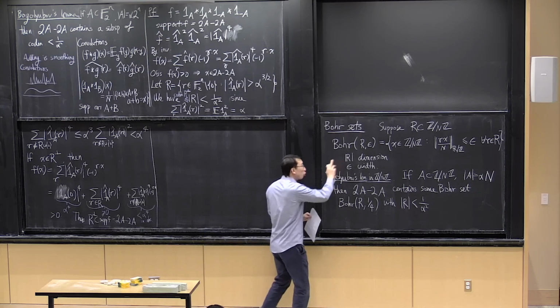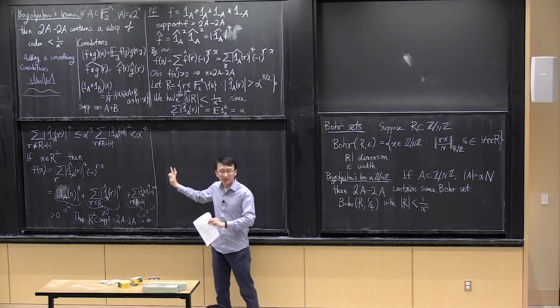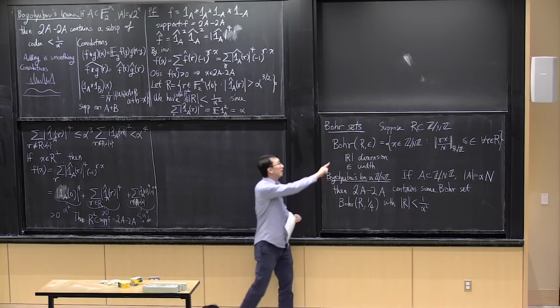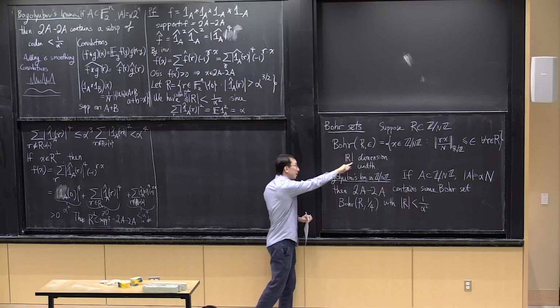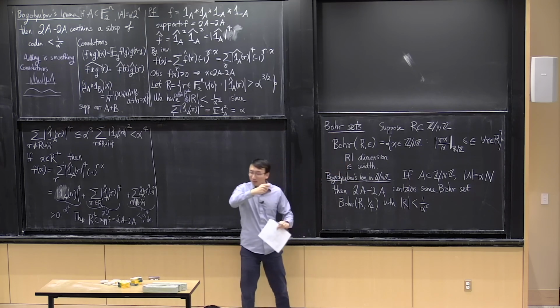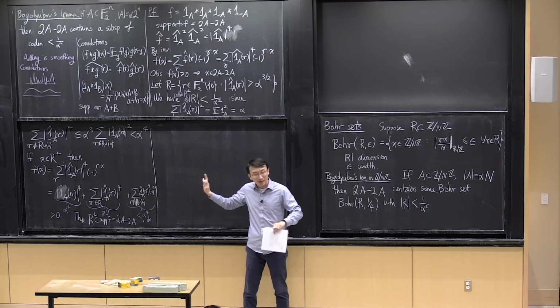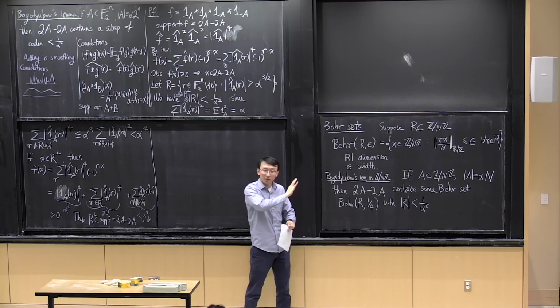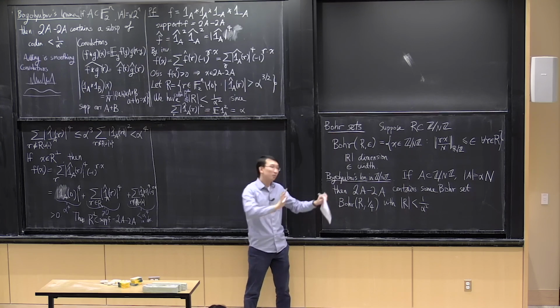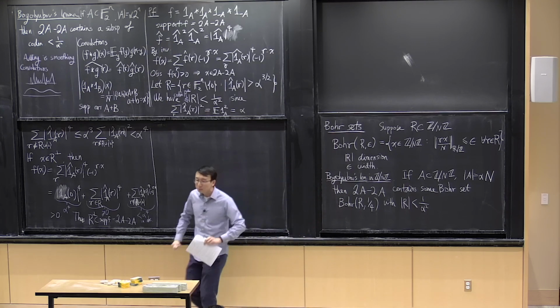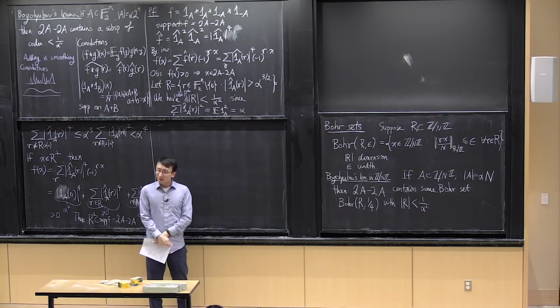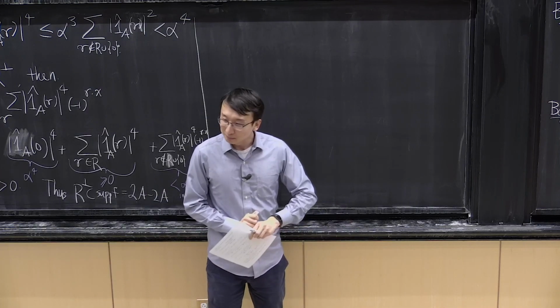The dimension corresponds to codimension previously. If R were a set of independent vectors and you have 2 to the n, then that will be the codimension of the corresponding subspace. But this is a terminology that we're stuck with. Okay, any questions about the statement?